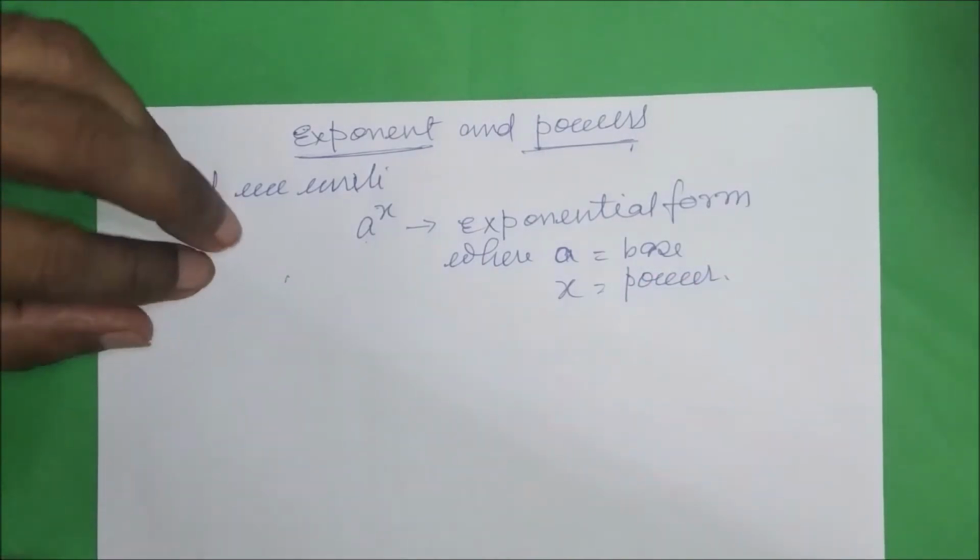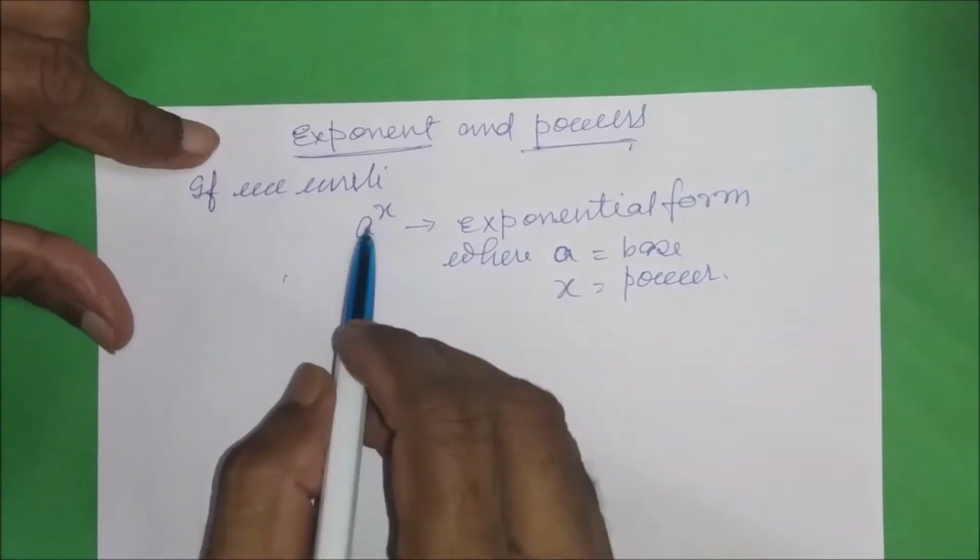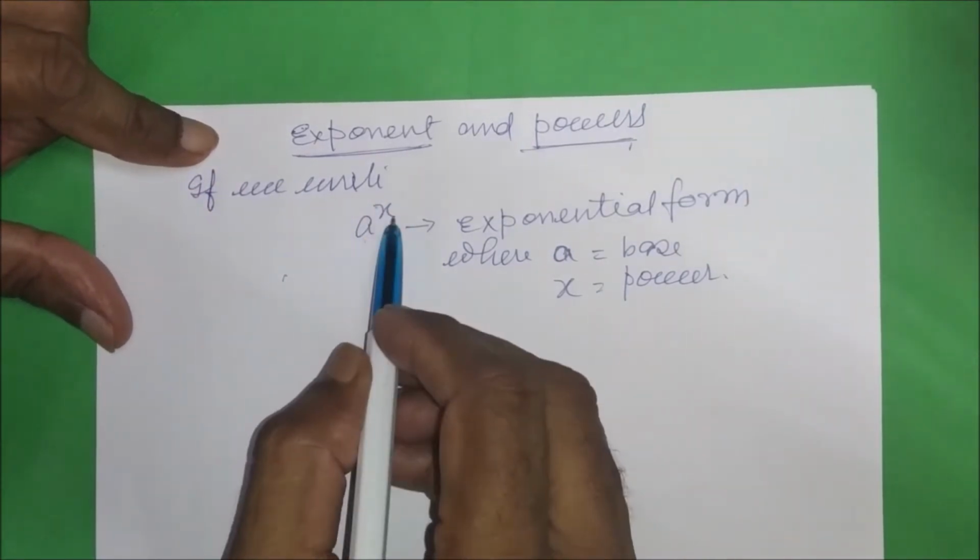Is it very clear? So this total form is known as exponential form.